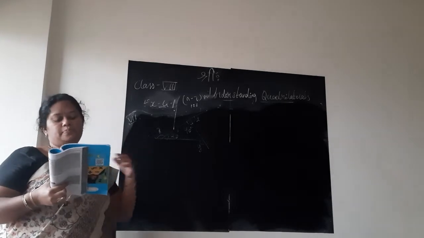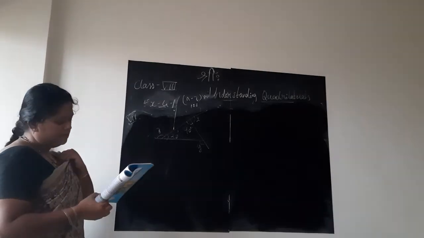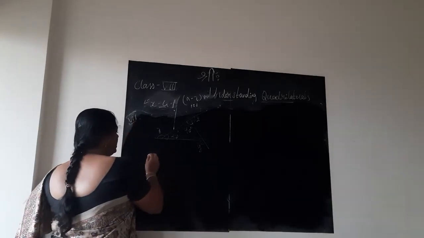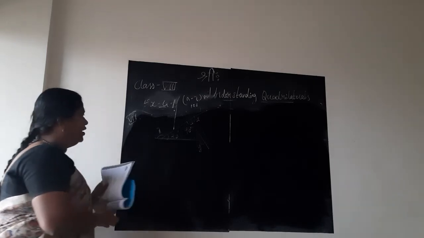So this is the first problem of 7th main, children. They have asked us to find the sum of x plus y plus z. What is x plus y plus z? We need to find out.